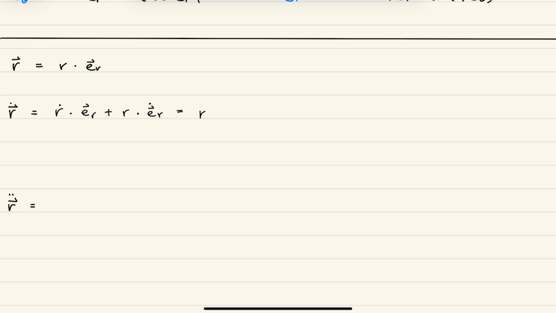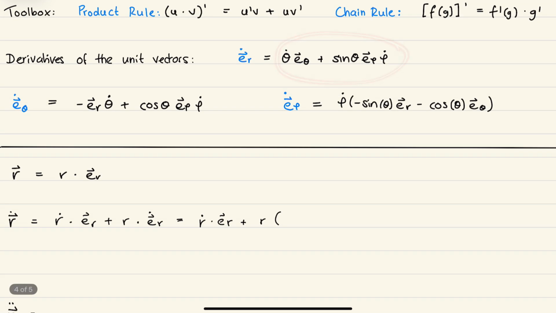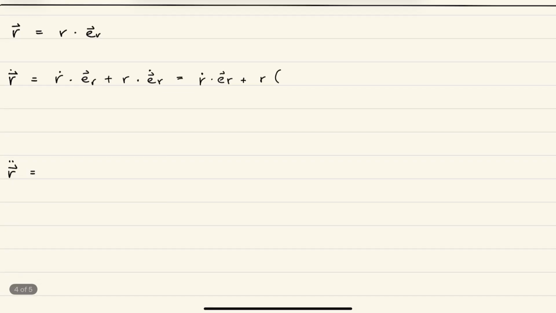So we get r dot times er plus r times, and now we're going to plug in this one right here. So we end up with r times theta dot e theta plus sine theta e phi dot.